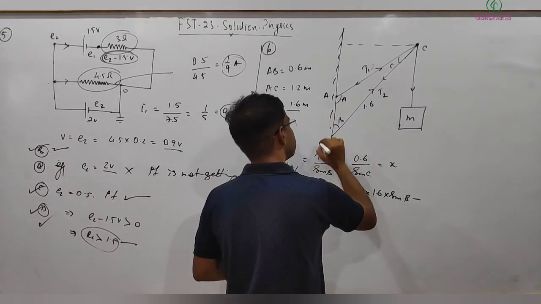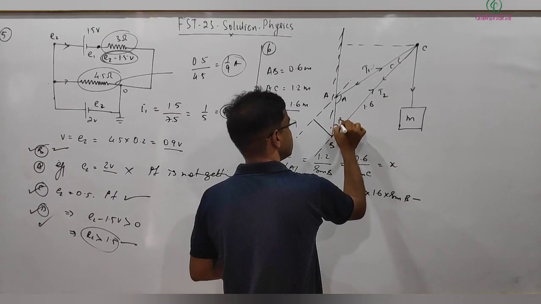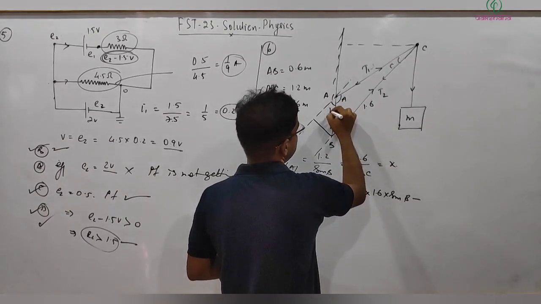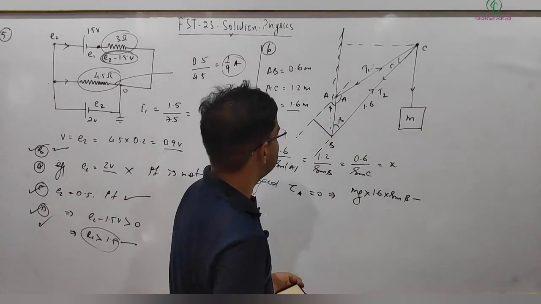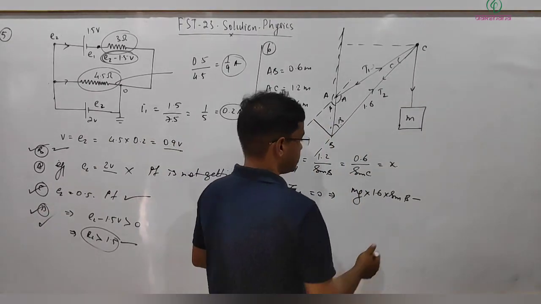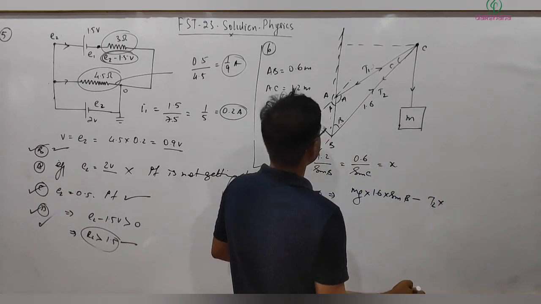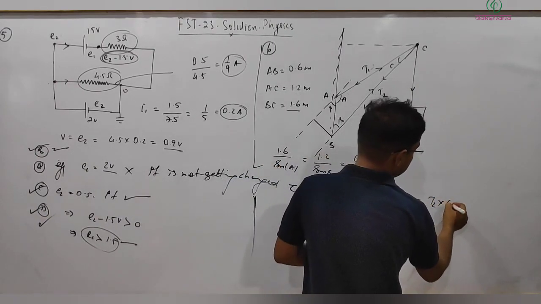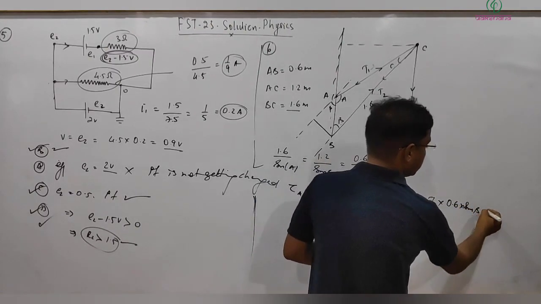So I am extending it parallel to this, then this is the perpendicular distance, this is beta, this will also be beta, then this distance will be 0.6 into sine beta, correct? So this is equal to T2 multiplied by perpendicular distance 0.6 multiplied by sine of B equal to 0.